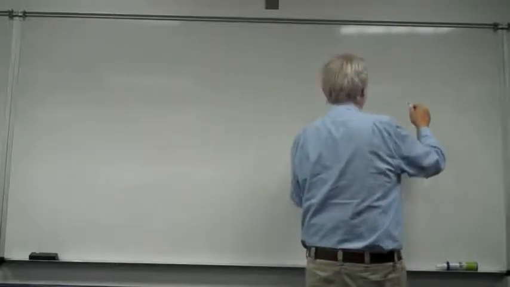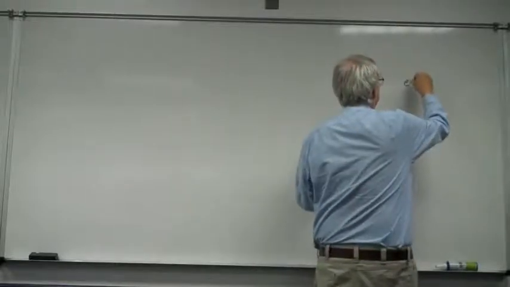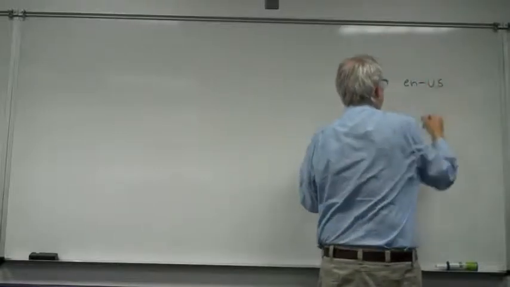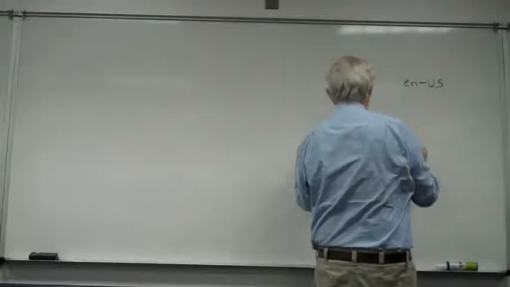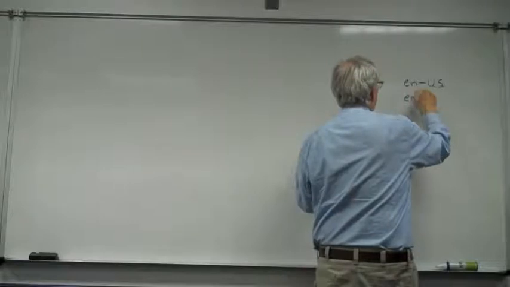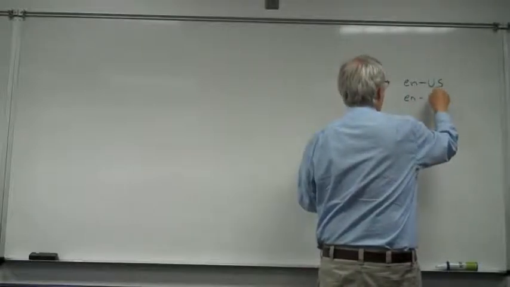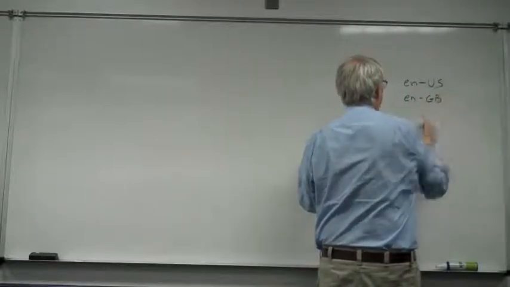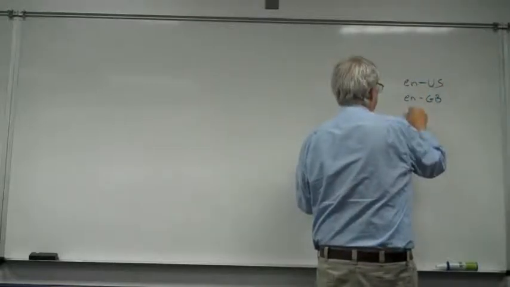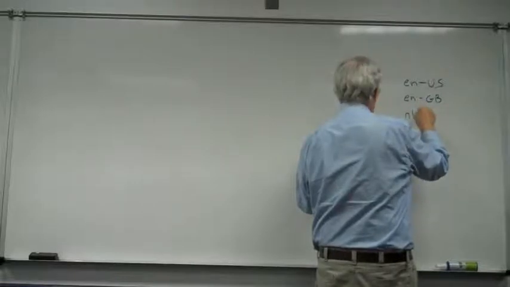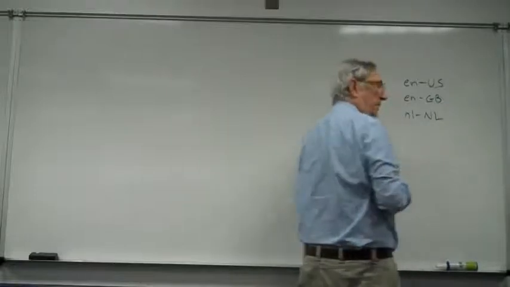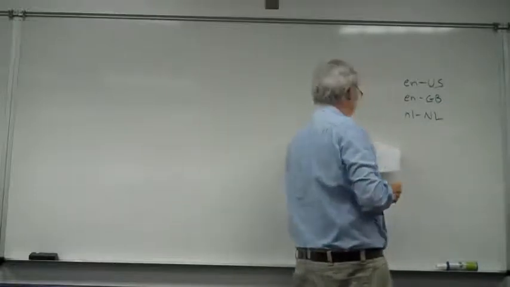For English, for example, it's en, minus sign, capital US, like that. British English is en, hyphen, GB for Great Britain. Those are uppercase, these are lowercase. The Netherlands is nl-NL, which speaks Dutch, so they have Dutch.